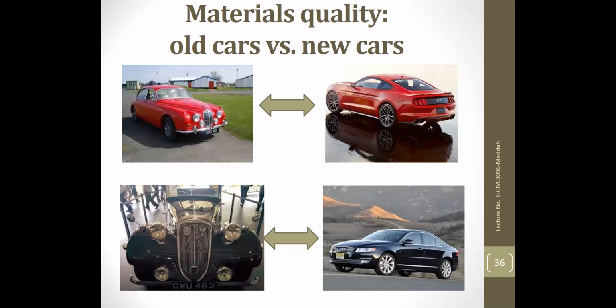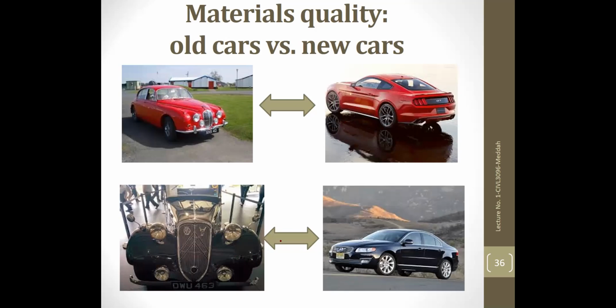You can see the change in the design, in the style, in the weight, and in the type of materials used. Here mostly metals, but here you can see some plastic. Therefore, it will change the properties of this car compared to this one. Same thing here.